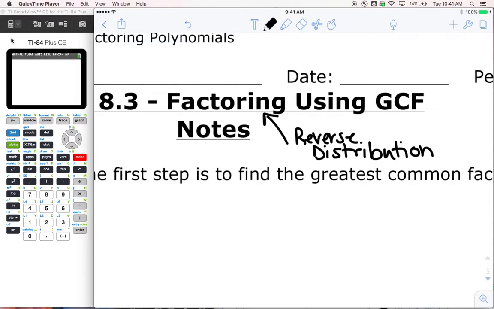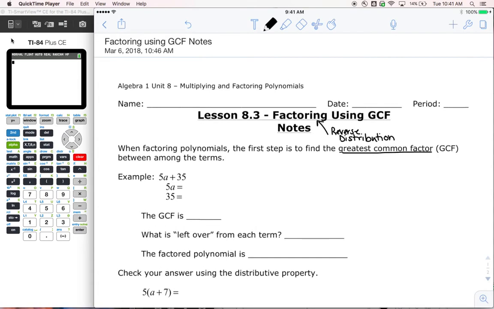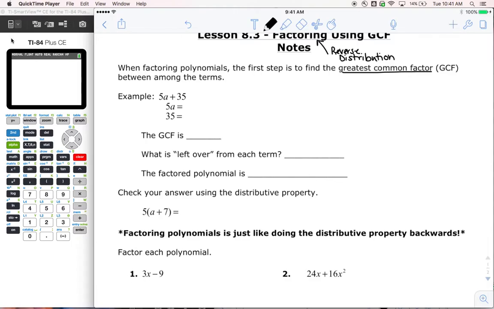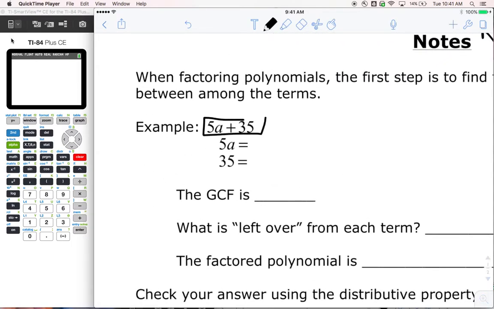So today's all about looking at the greatest common factor. Let's see what we remember about it. If we look at 5a plus 35, and we break down each of these terms into factors, we can say that 5a is the same as 5 times a. 5 is a factor, and a is a factor. 35 we can break down as 5 times 7.